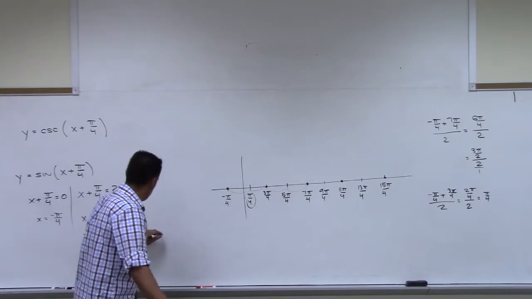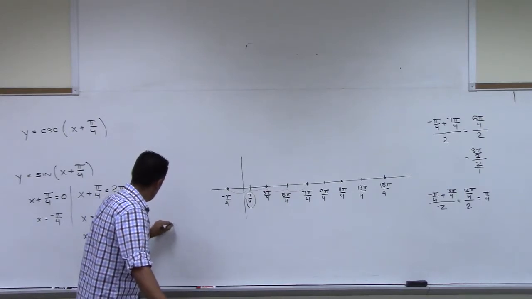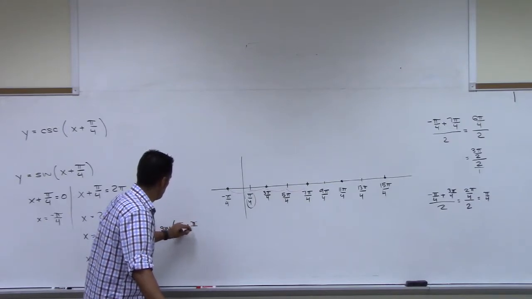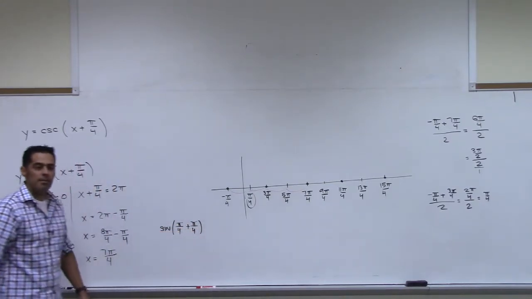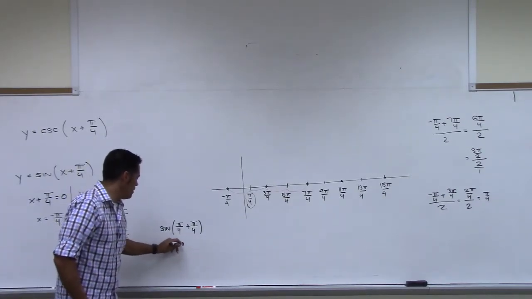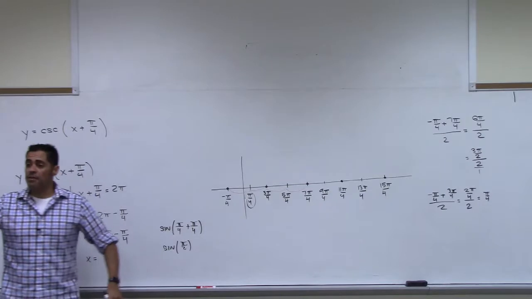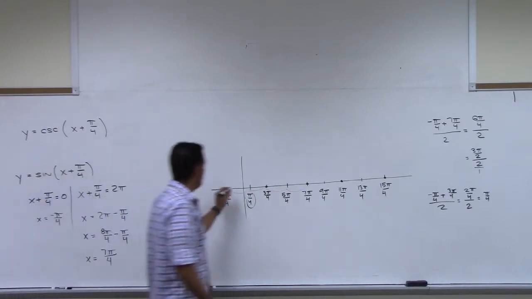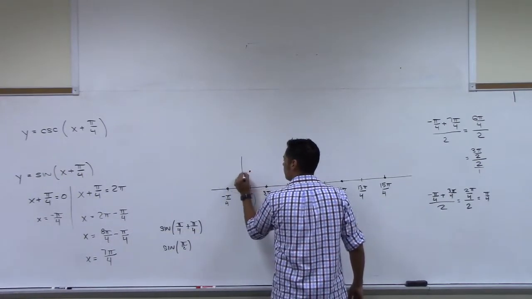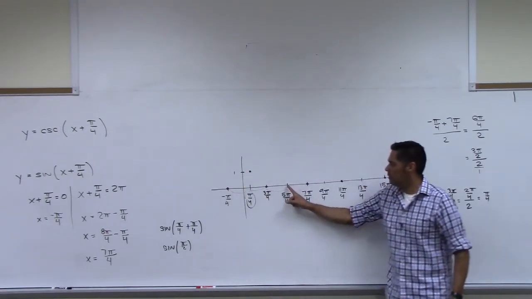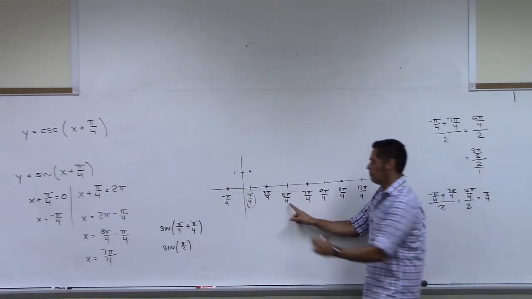So what would sine of pi over 4 plus pi over 4 be? That's sine of pi over 2. Sine of pi over 2 is the y-coordinate off the unit circle at the angle pi over 2, and that's 1. So that would just give me a 1, right? So out here at pi over 4, I go up 1. Here's 1. And then I know that at my 5 pi over 4, I'll be down at -1.